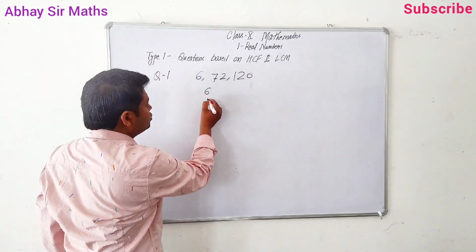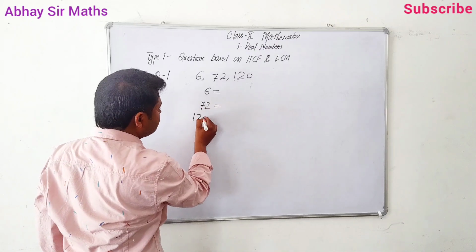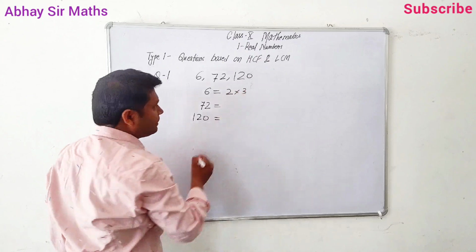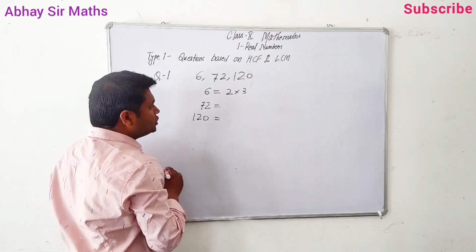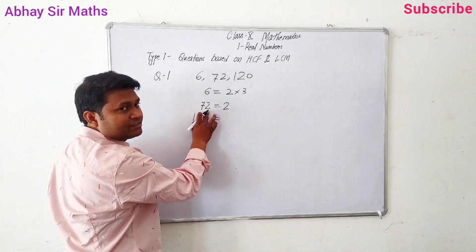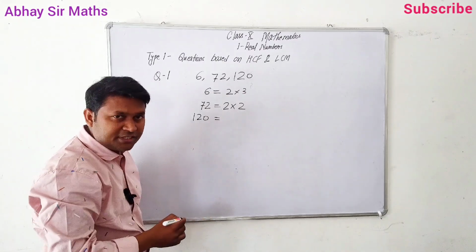So using prime factorization, 6 is 2 into 3. All right, 72 is what? If you divide 72 by 2, you will get 36. Again divide 36 by 2, you will get 18.